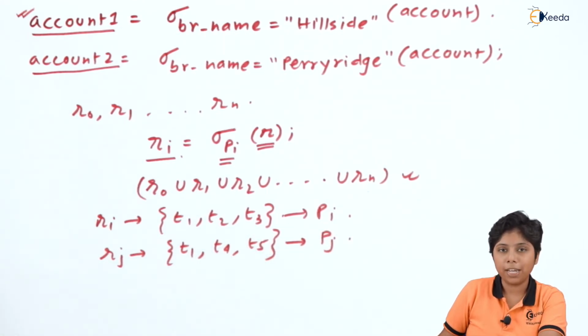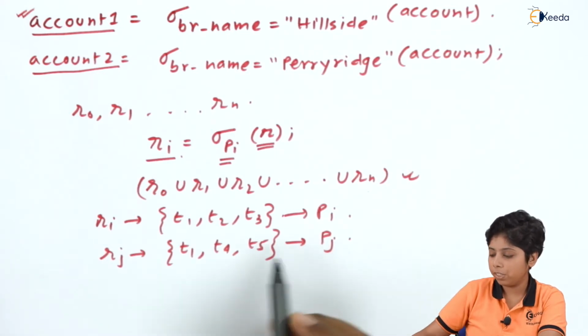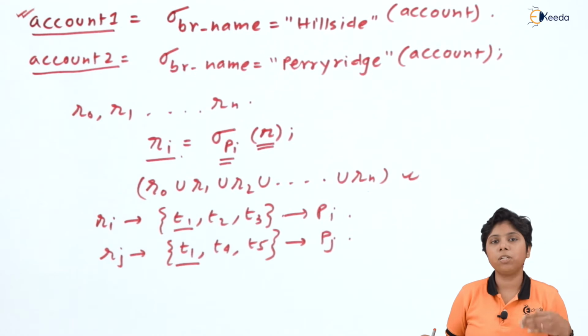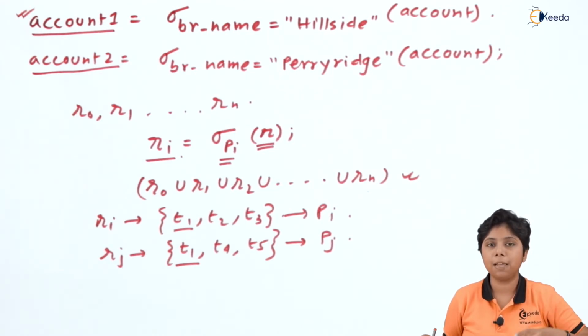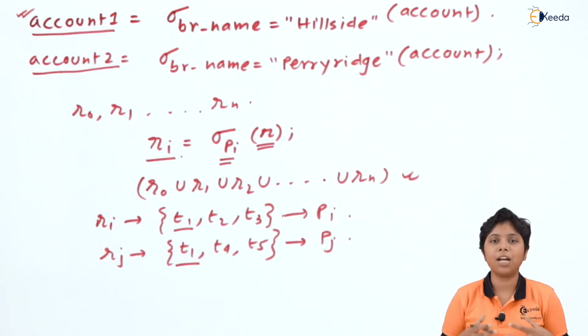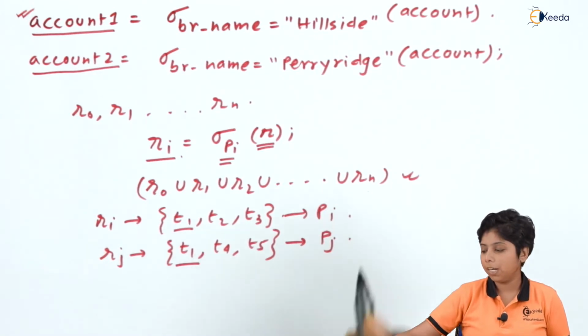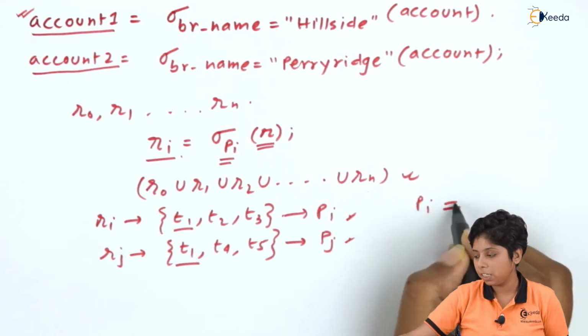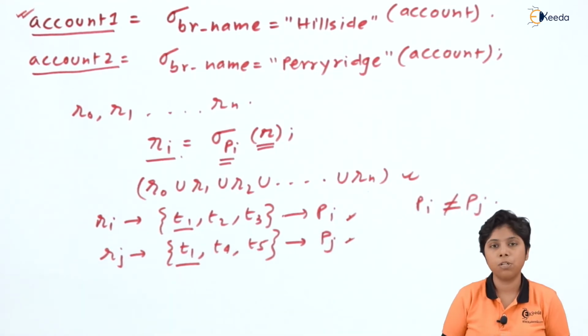So different predicates can give the same tuples that appear in both of these relations. Whenever we are doing horizontal fragmentation, we may reach a condition where the same tuple belongs to different sections. But the predicates need to be different from each other, that is, we must maintain the condition that Pi is not equal to Pj.